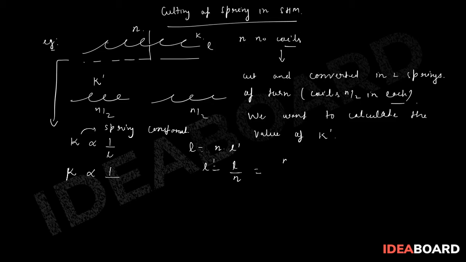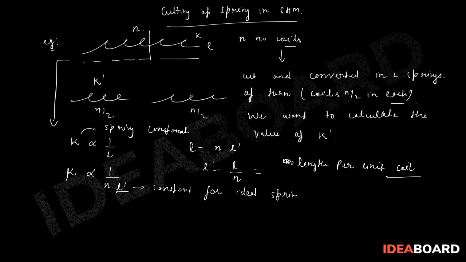That means clearly this is length per unit coil or turn. So this can be written as n into L dash. Now this L dash will be constant for an ideal spring. So if this is constant, that means I can say that K is proportional to 1 by n, or I can say Kn is equal to constant, right?